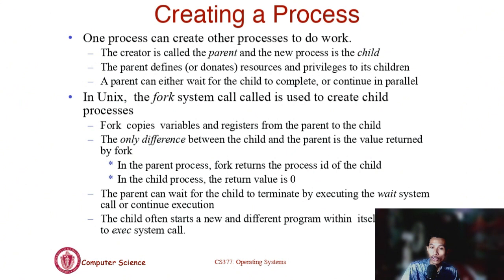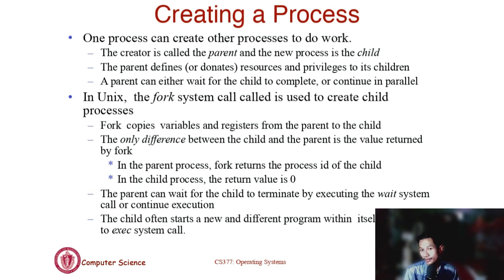So the only difference between the child and the parent lies in the return value of the fork call. In the parent process, fork returns the process ID of the child, and in the child process the return value is 0.